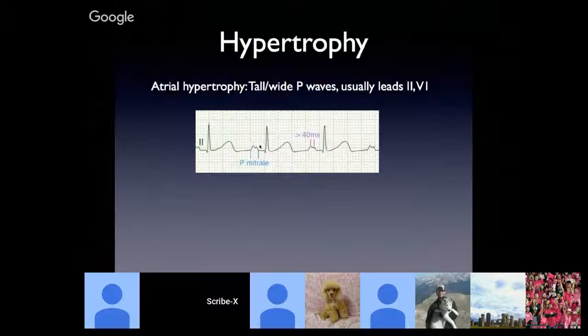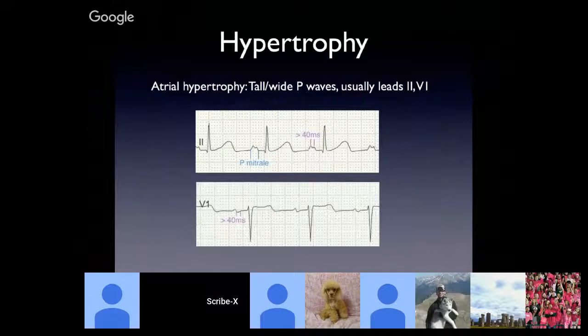And because of the back pressure against the right atrium in this case, the right atrium has become big and muscular and is resulting in this extra large P wave here. Oh, by the way, you'll see right atrial hypertrophy primarily in lead 2.